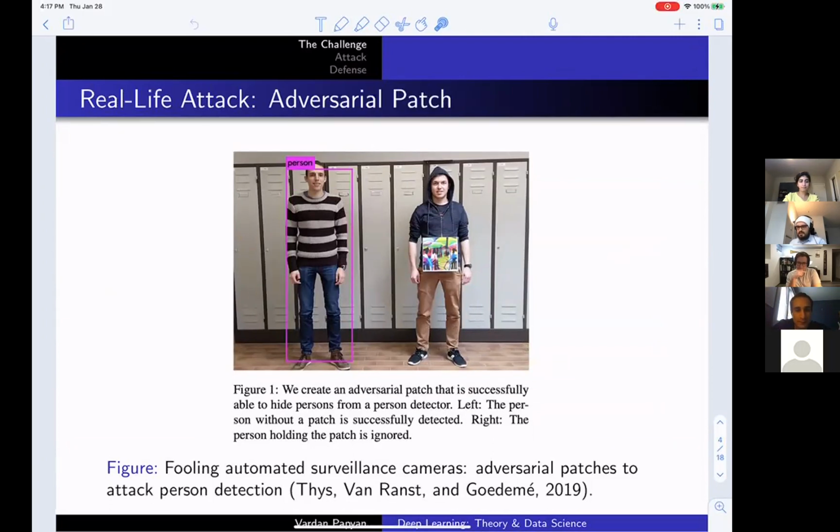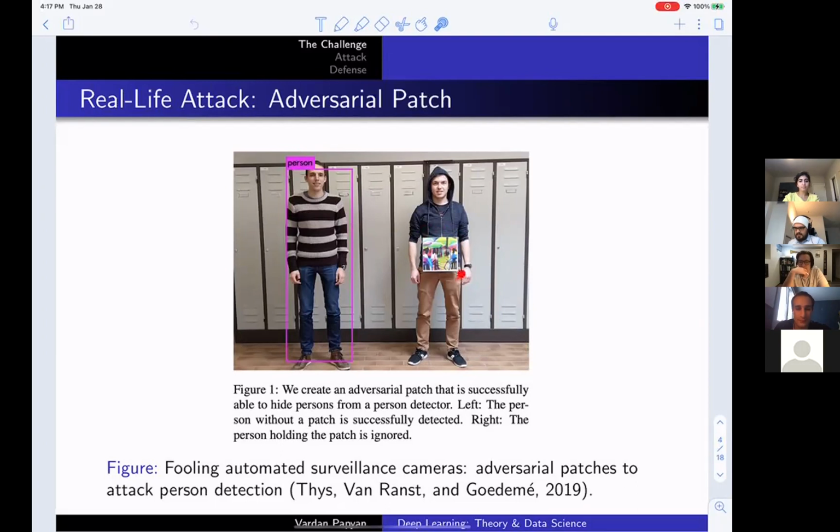Now, here's another example of a real-life adversarial attack. In this case, you can see there is a system which is designed to identify pedestrians or people. And on the left, you can see there is a person that is being identified as a person by a system with a bounding box. And on the right, you can see this attacker, so to speak.